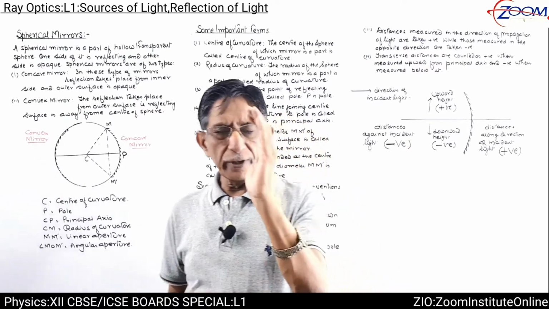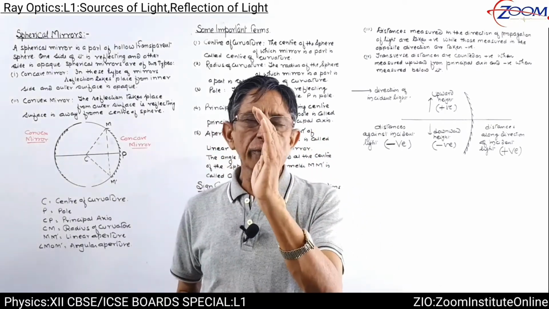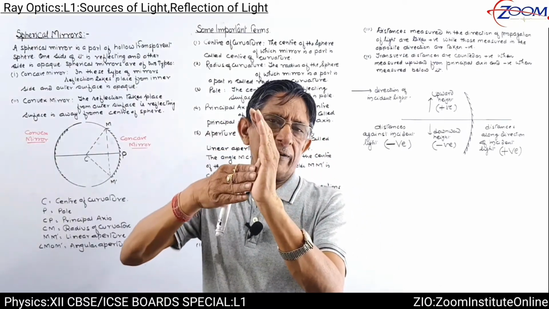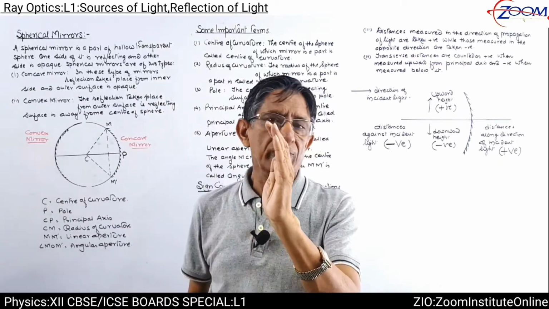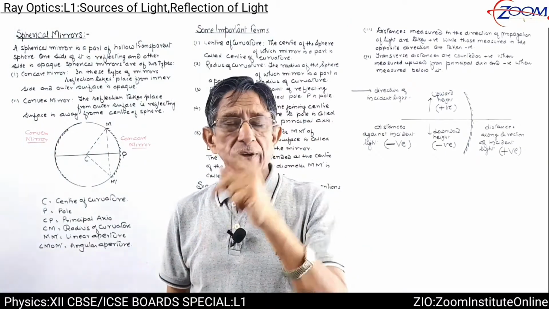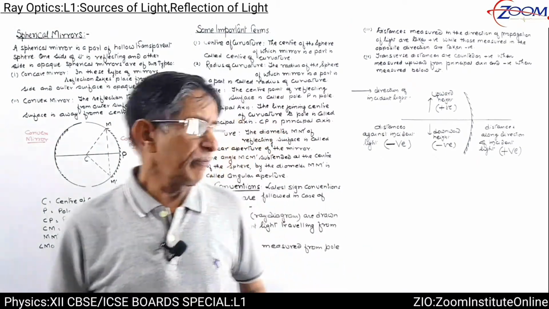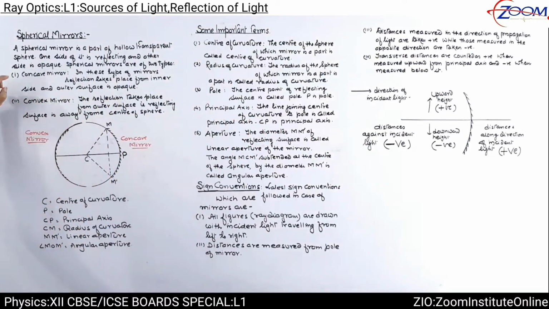Now, suppose this is a spherical surface. Polish can be done either on the inner side, meaning the side toward the center, or away from the center. Accordingly, mirrors are of two types: concave mirror and convex mirror.